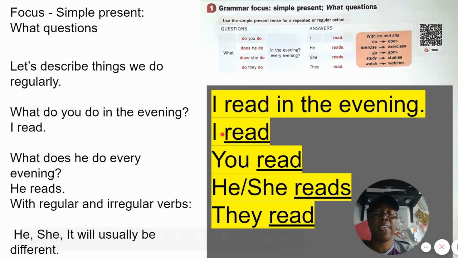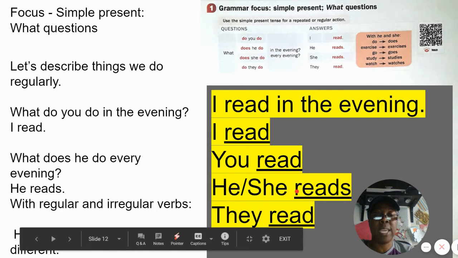If we think about our simple present, I read, you read, he reads, she reads. These are all singular. They read is plural. Okay. You, of course, can also be plural. You can be either singular or plural.